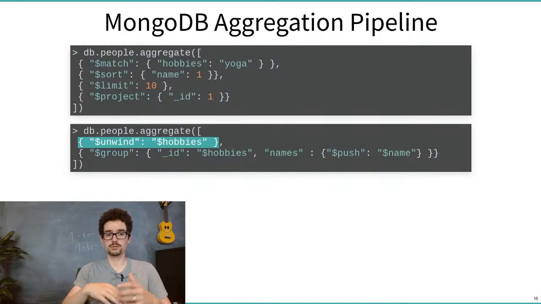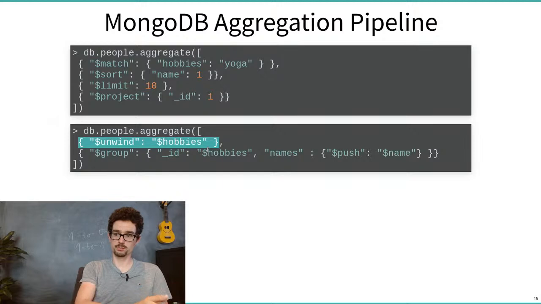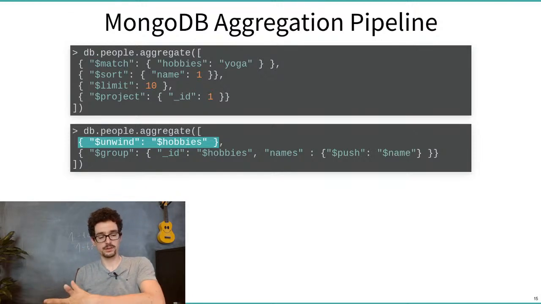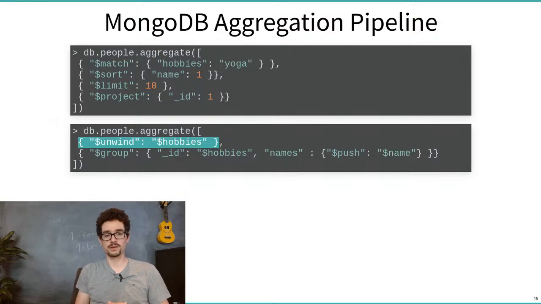So Peter appears with each hobby once. So hobbies is now, after this step, not an array anymore, but a simple string. So there's one Peter with yoga, one Peter with piano, and so on. So this is the unwind step.